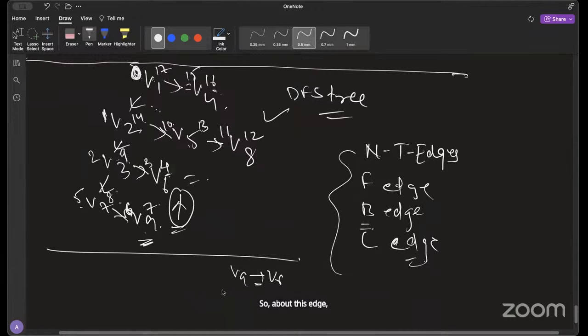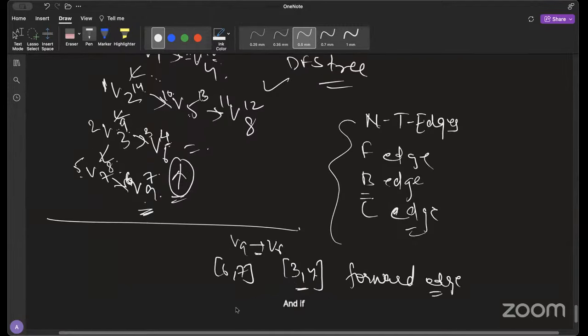So about this edge, your V9 is from 6 to 7, and your V6 is from 3 to 4. So if this thing 3 to 4 is contained in 6, 7, which it is, you say it's a forward edge. So this is a forward edge.